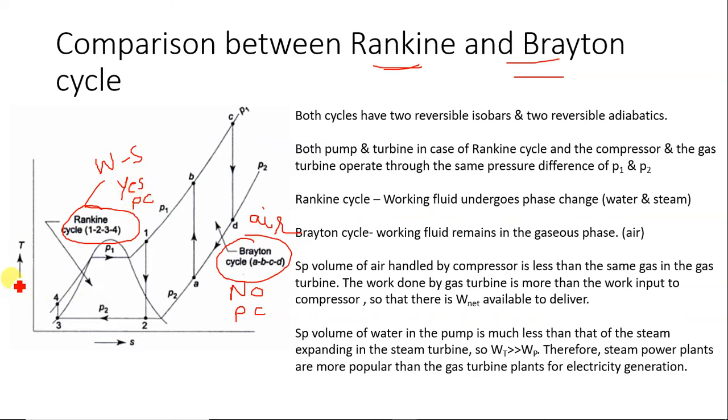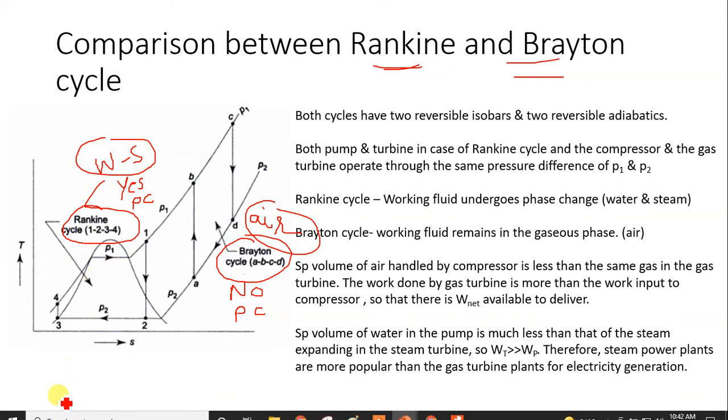Now please note that this TS diagram we cannot draw on the same page. Why? Because this TS diagram will be for air, this TS diagram will be for water. Definitely we cannot show these two cycles on the same TS diagram. Just for understanding purpose, it has been shown on one TS diagram over here.